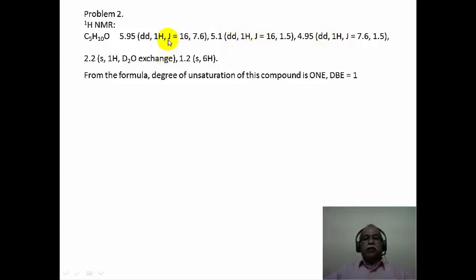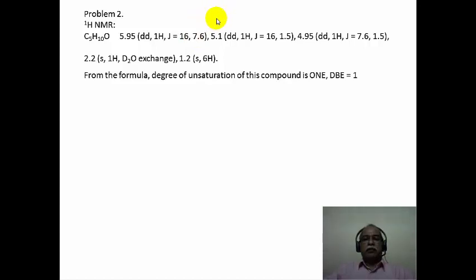In addition, the J values, which are the coupling constants: a J value of 16 is a fairly large value for the coupling constant. This would only mean that there is a trans kind of double bond present in this molecule, and a 7.6 coupling would correspond roughly to two hydrogens being cis to each other in a double bonded system.